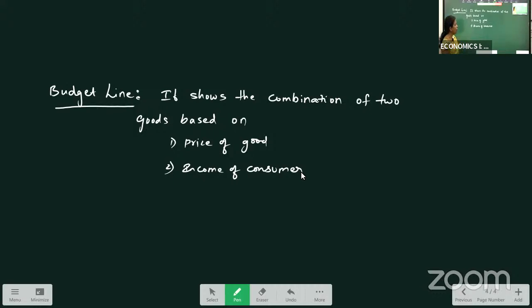Okay, so now how do we do this budget line? For example, we will take here 100 rupees you are having, X is 20 rupees and Y is 10 rupees.